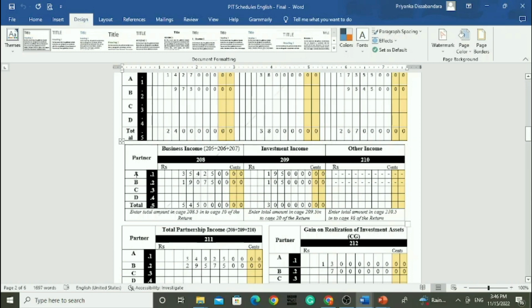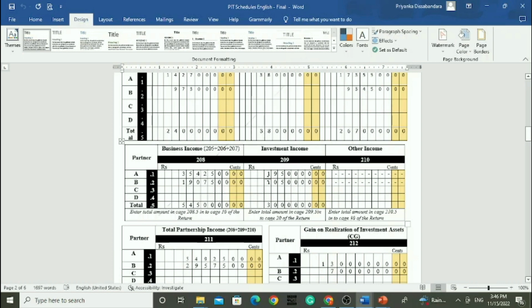Under Ms. Rasika, you have to include total business income under 208 column in the line under A. Line B is to Ms. Tilaka, so total business income of Ms. Tilaka should be included in line 2 under B. Total business income of Ms. Tilaka and Rasika will be 5,450,000.